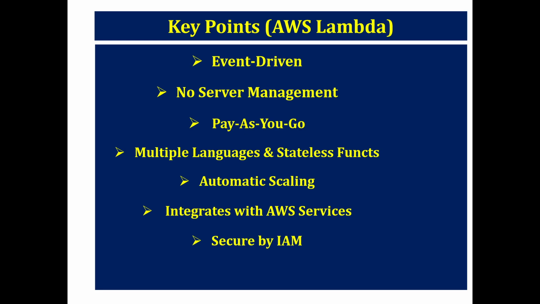It is secured by IAM, so access to AWS resources is controlled via IAM roles, and we can monitor and check the logs and metrics using the CloudWatch service, which is an AWS service. These are some notable points we need to keep in mind in order to understand Lambda functionality.